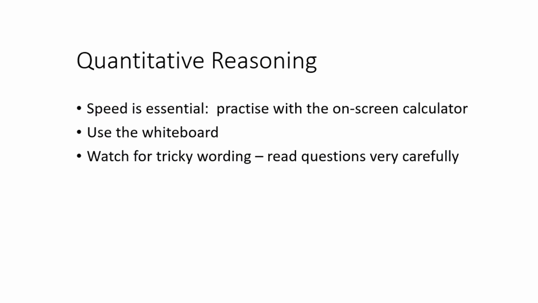So the UCAT data set, when you do those questions, uses the actual same framework that you'll use in the real exam. So you get to use the calculator there, and it's important to do that and not think, oh, I can't be bothered, I'll just do it on my calculator, because actually that is probably the thing that slows you down the most, using that on-screen calculator.